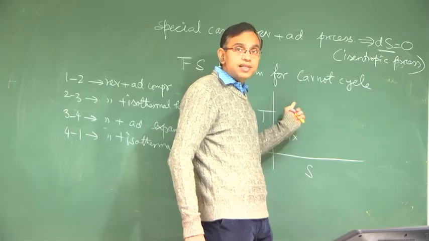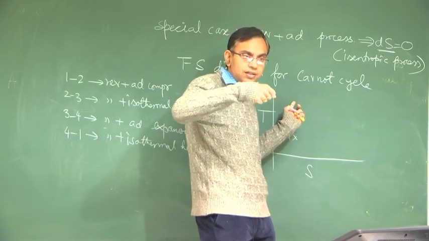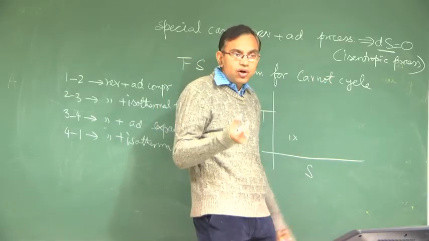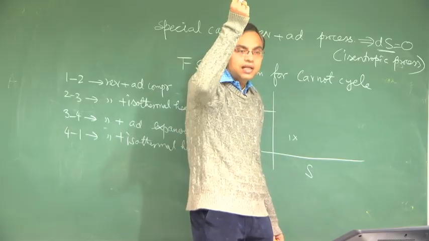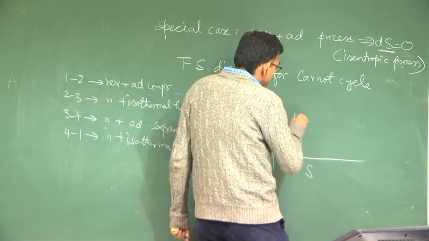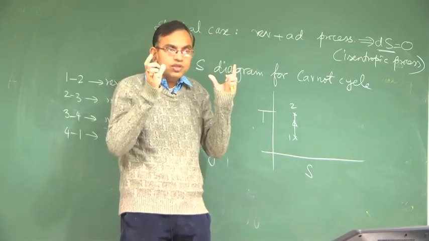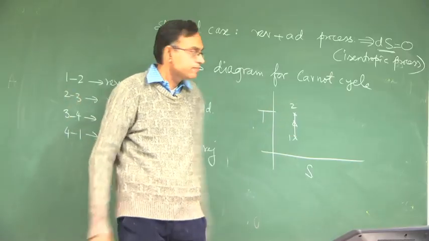If you compress, then you impart energy to the fluid and you do not allow any heat transfer to dissipate that energy. So the internal energy of the system will increase, so that will increase the temperature. So it will go from 1 to 2. Never try to memorize any process in a cycle, just use your common sense to figure out whether temperature will increase or decrease, or entropy will increase or decrease.